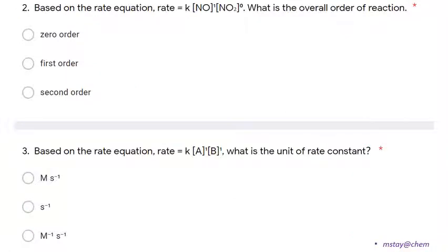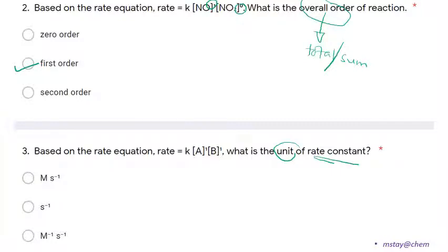Question number 2. Basically, the question asks us to determine the overall order of reaction, where you sum up the orders of reaction. Here 1 plus 0 equals 1, so it is first order. Second, based on the rate equation, what is the unit of the rate constant?